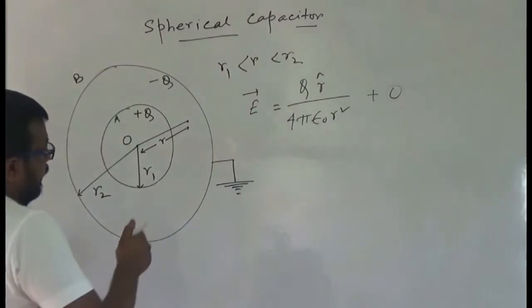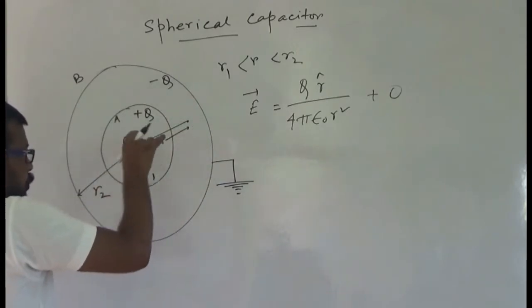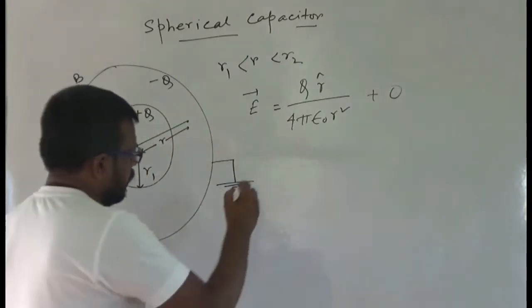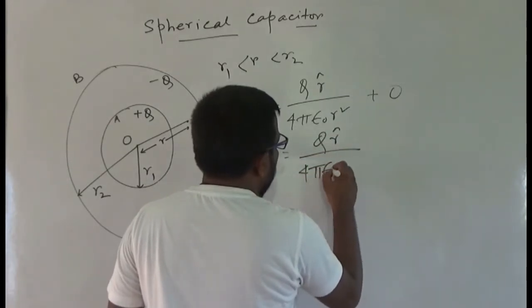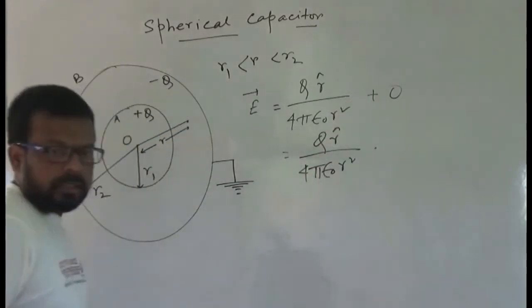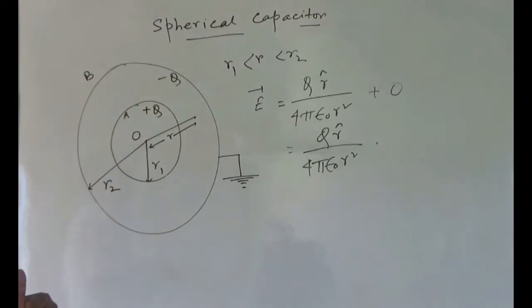So the electric field intensity in between the two spherical cells is Q r hat divided by 4 pi epsilon naught r square.